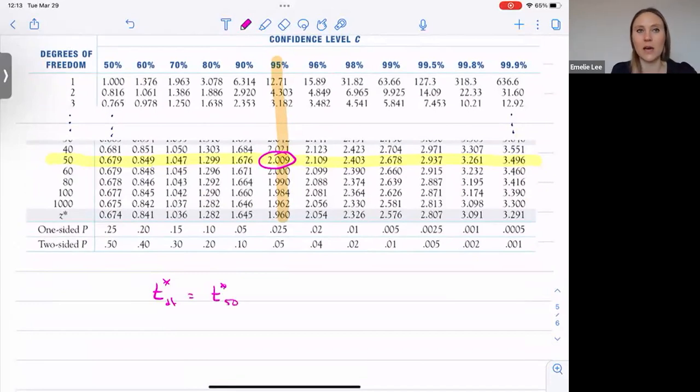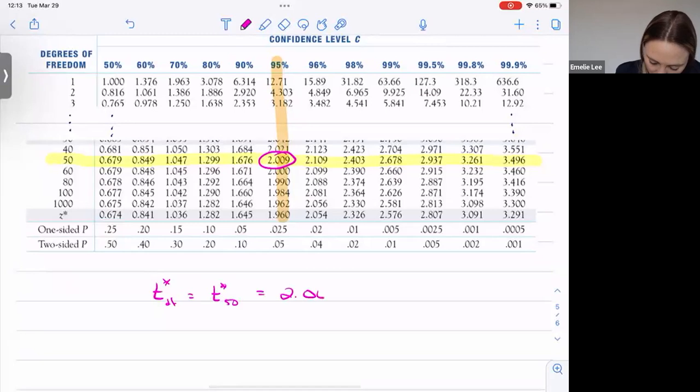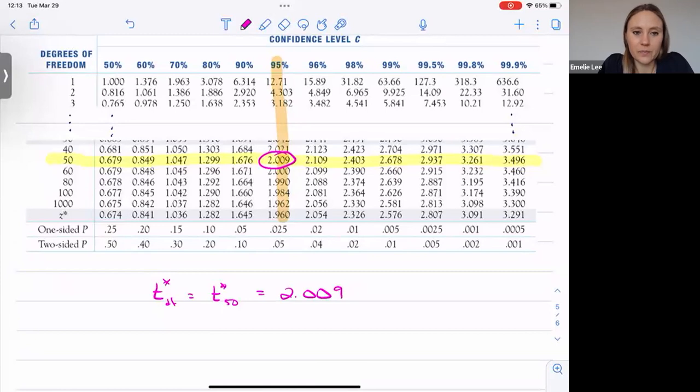And sometimes we have it followed up with the alpha level, but let's just ignore that for now. It is 2.009. So that would be our critical value.